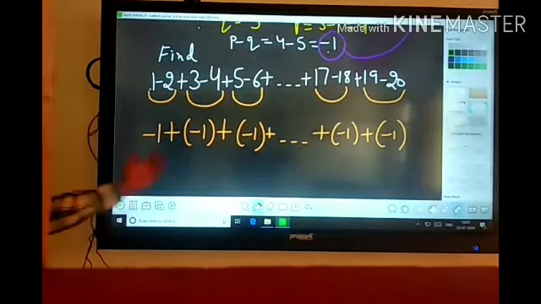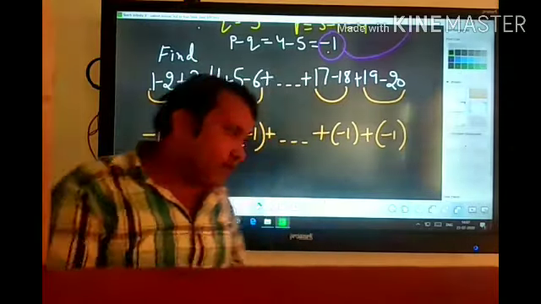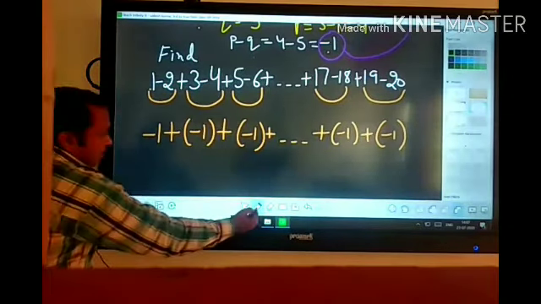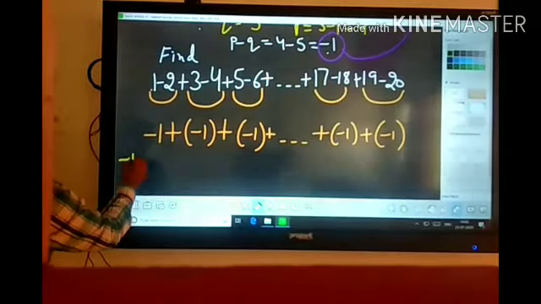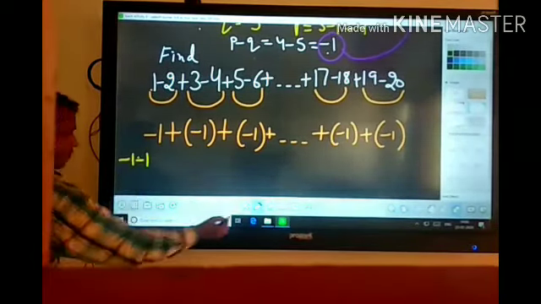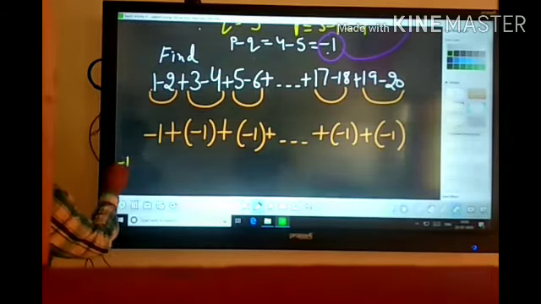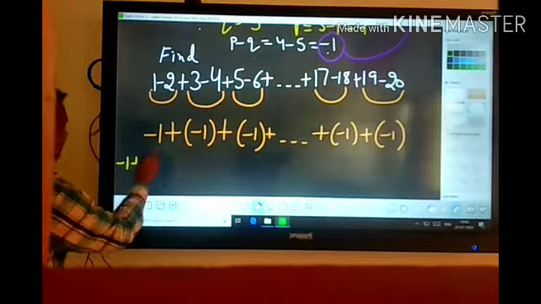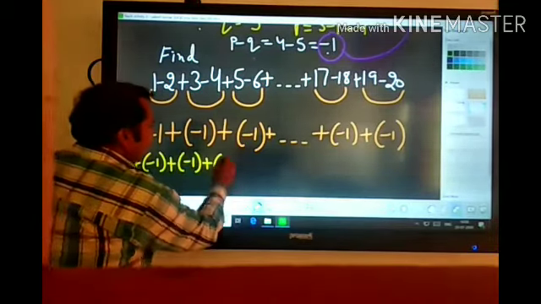For each pair we get the same answer. How many times will minus 1 be there? I will write it out: minus 1 plus minus 1 plus minus 1 and plus minus 1.